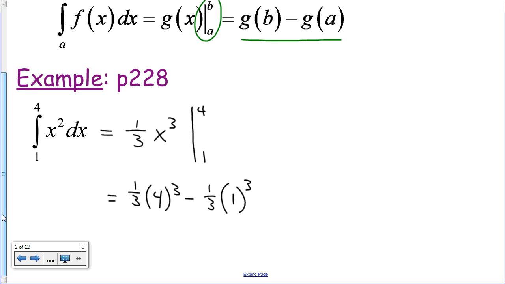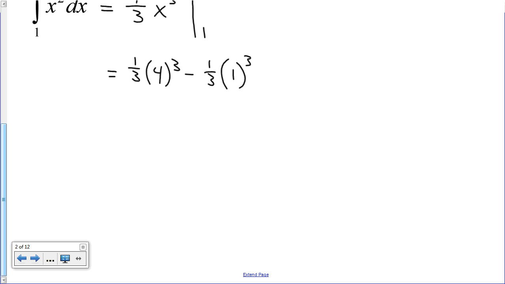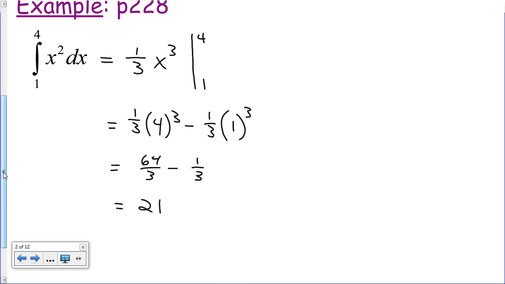So we end up with 4 cubed is 64/3 minus 1/3, which would be 63/3, and that's actually 21. Okay, so this is our new notation that we're going to use for evaluating definite integrals.